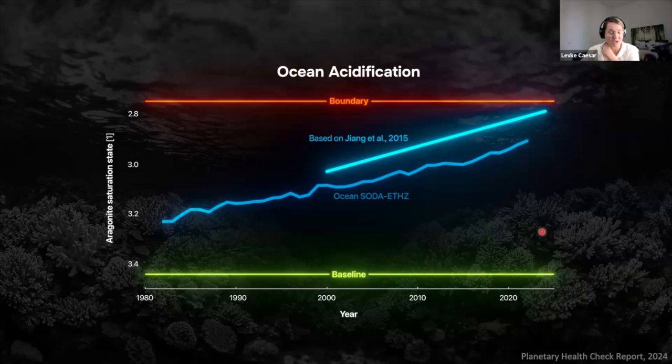Important to note is that we actually have new research from last year and this year that indicates that this true pre-industrial level is probably even a little bit higher than previously estimated. So in this case the boundary would be higher, which could indicate that the boundary will be transgressed sooner than we thought. So really, really soon.